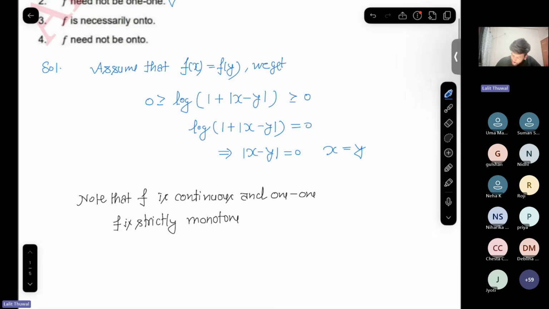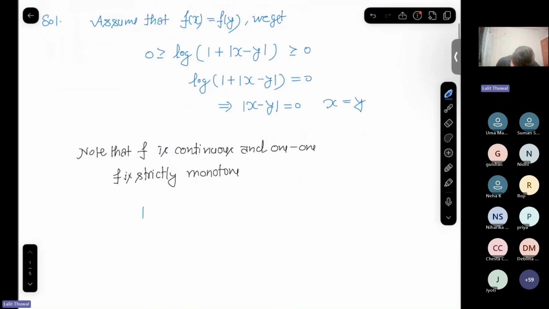See, so now from this inequality, f(x) minus f(y). If it is strictly monotone, it will be onto if and only if the limit as x tends to infinity is infinity, or the limit as x tends to infinity is minus infinity, and it can interchange.